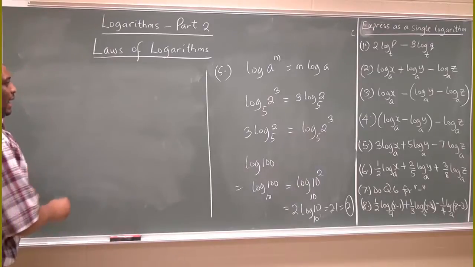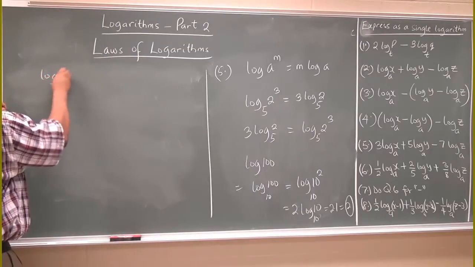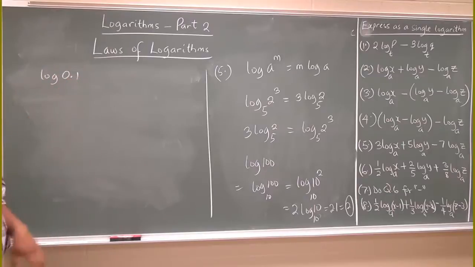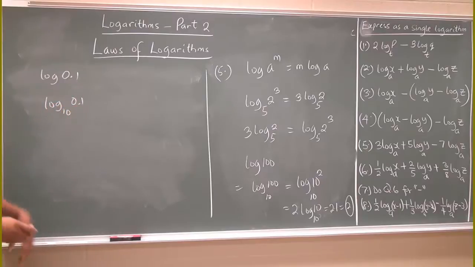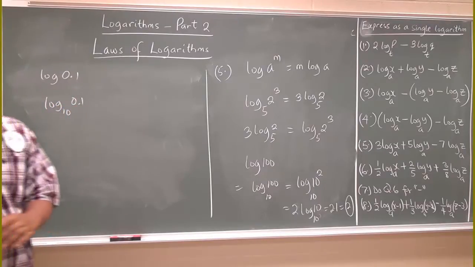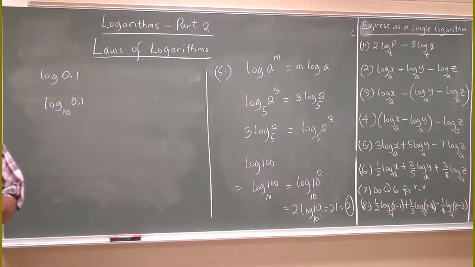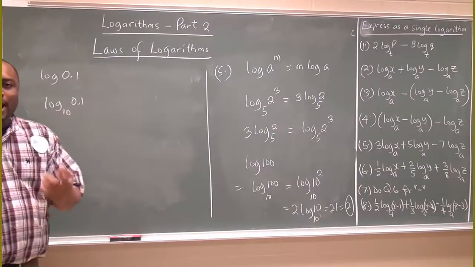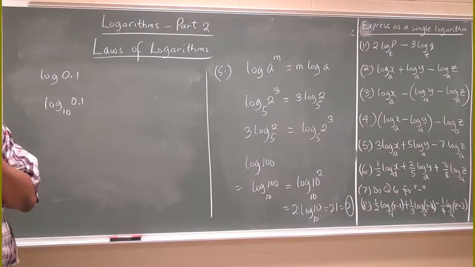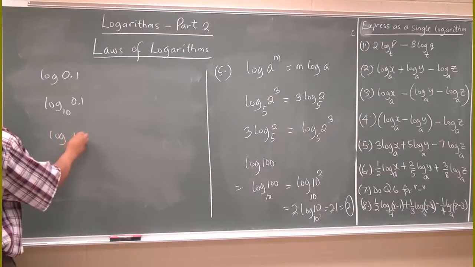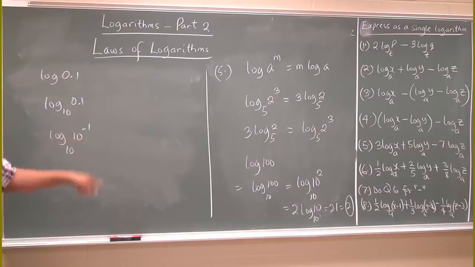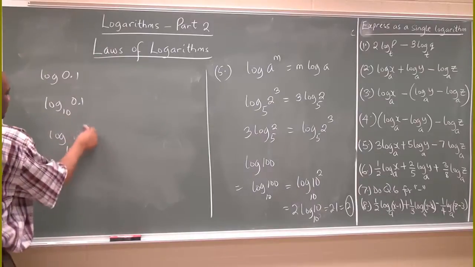If we have something like log 0.1, this means log to base 10 of 0.1. Then what we have to do is express 0.1 as an exponent. This will be log base 10 of 10 to the negative 1, because 0.1 means 1 over 10.